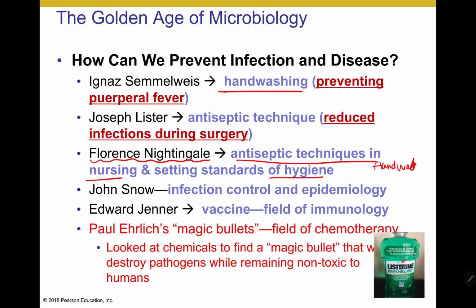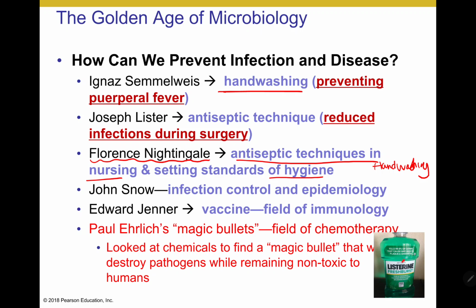You can put hand washing for her as well, because she was a young British girl, good at math. There was a war going on at the time. She noticed that the soldiers from Britain were dying of typhoid fever, right? So diarrheal diseases. And she noticed that more of these soldiers were dying because of the typhoid fever or illness rather than the war itself.